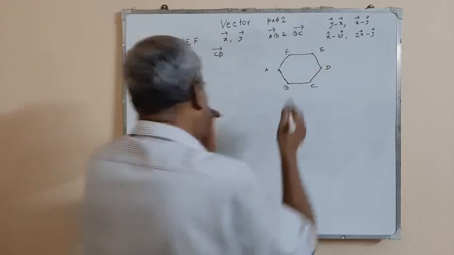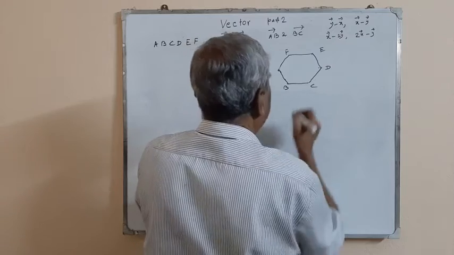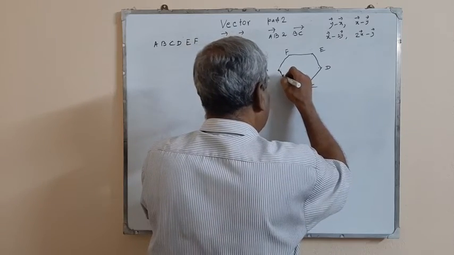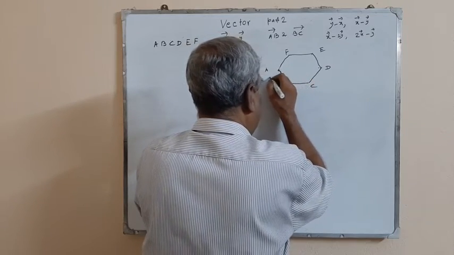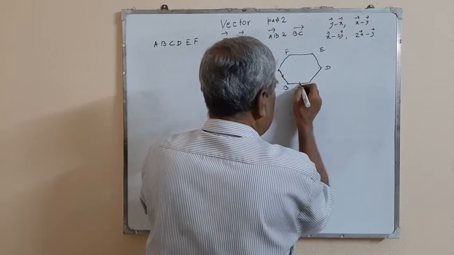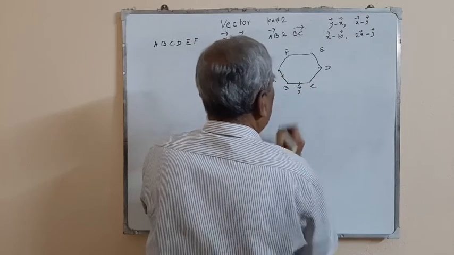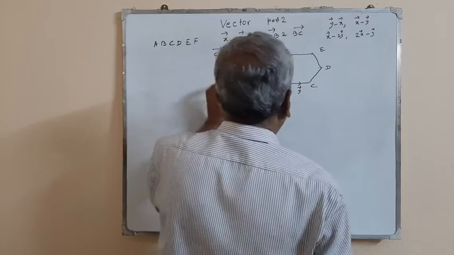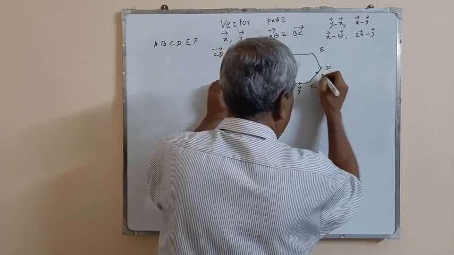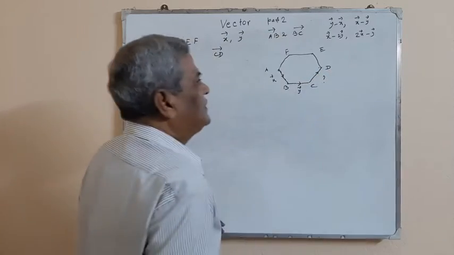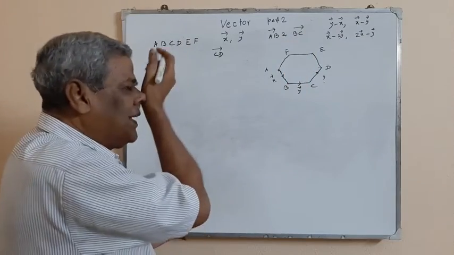So x and y are the vectors along AB. So this is x vector, and along BC is y vector. We have to calculate the vector along CD. Options are there.